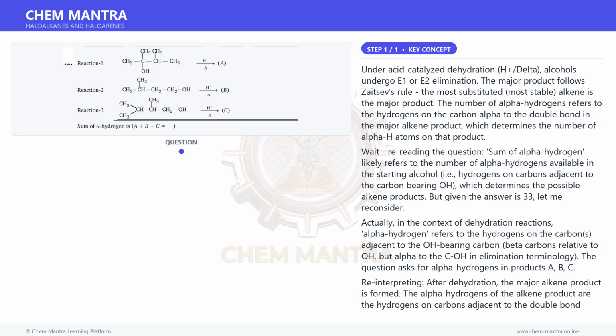Deprotonation gives (CH3)2C=C(CH3)CH3. Wait, that's 2,3-dimethylbut-1-ene or 2-ene. Major product C is 2,3-dimethylbut-2-ene, same as A with 12 allylic H. A plus B plus C is 12 plus 9 plus 12, equals 33.